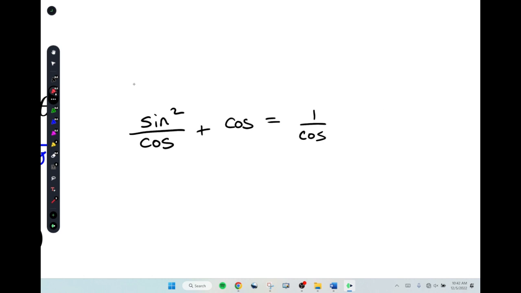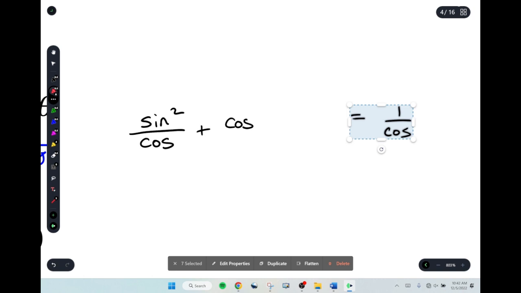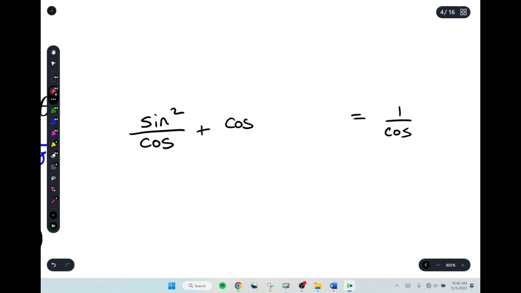You were thinking something, but you didn't say it. I don't know what you mean by multiply it by cosine. The one next to the cosine. Oh, do we need to multiply cosine by cosine over cosine, is what you were thinking. Yeah, that's a great answer. No, you meant, do we need to multiply that cosine in the middle to get a common denominator?